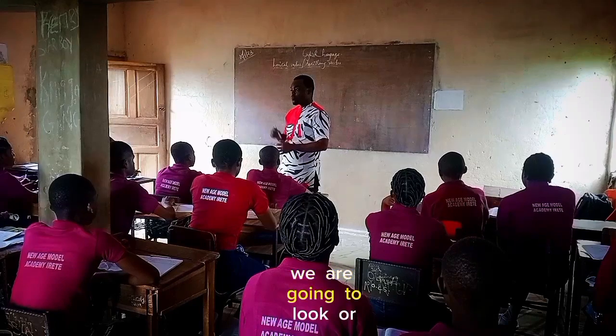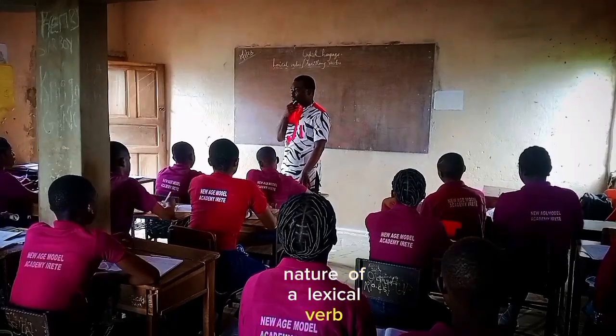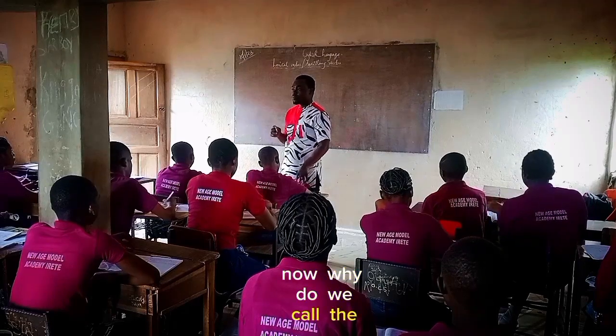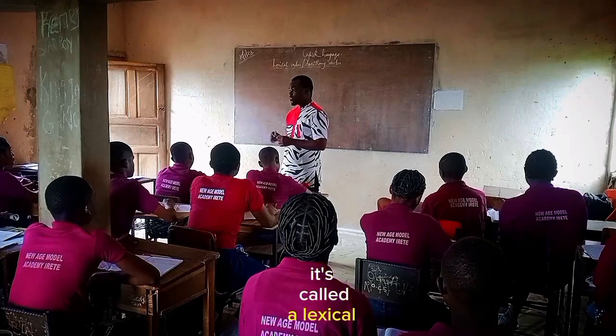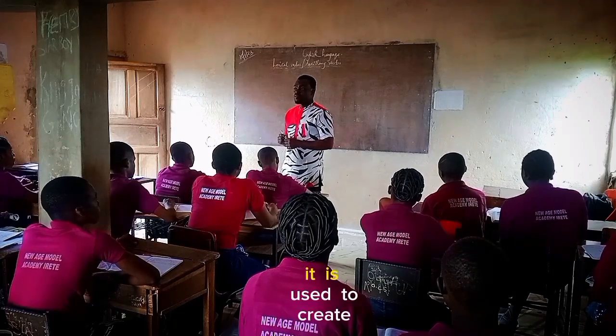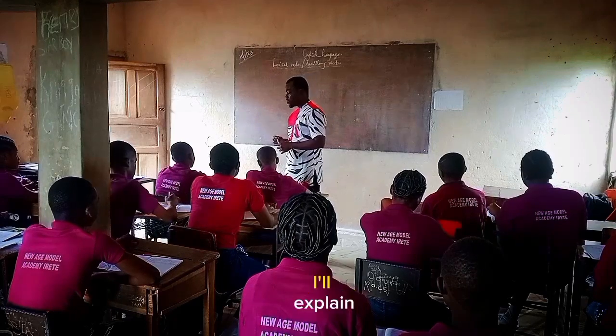Okay, so we are going to throw more light into the meaning or the nature of a lexical verb. Now, why do we call the main verb a lexical verb? That is the question now. It's called a lexical verb because it is used to create formation of new words. I will explain.